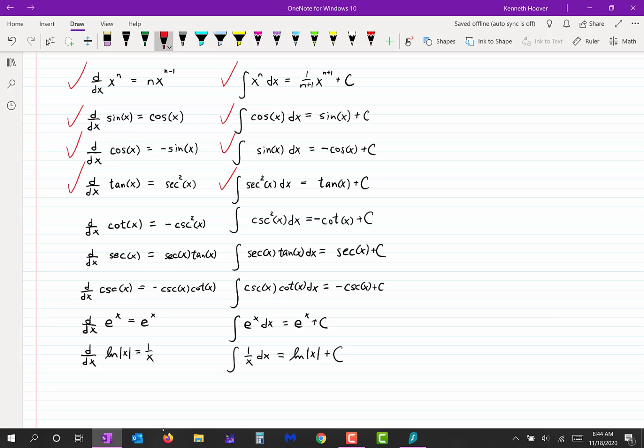You're going to need to memorize that one for Calc 2 especially. And e to the x. Okay. This one here will come up a lot in Calc 2 as well, believe it or not. But definitely the 5 that I have check marks by, you should be able to do those derivatives and those integrals by memory. Okay?